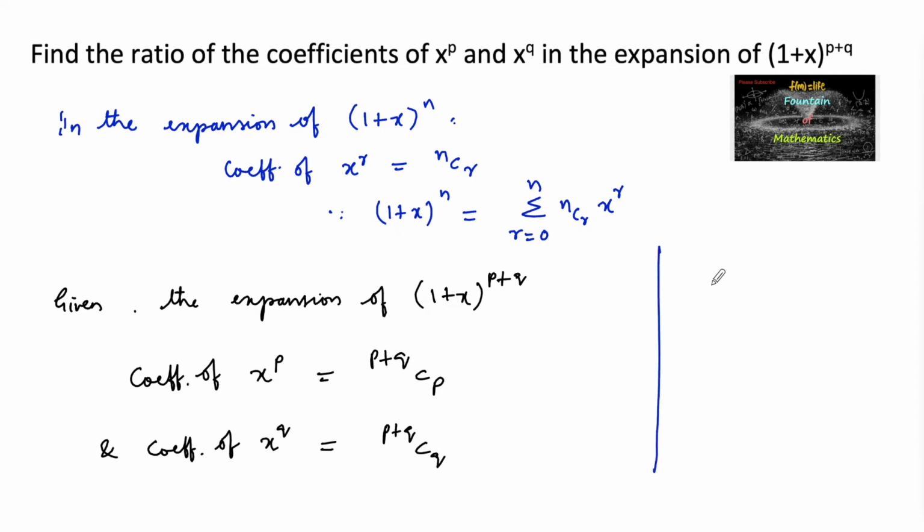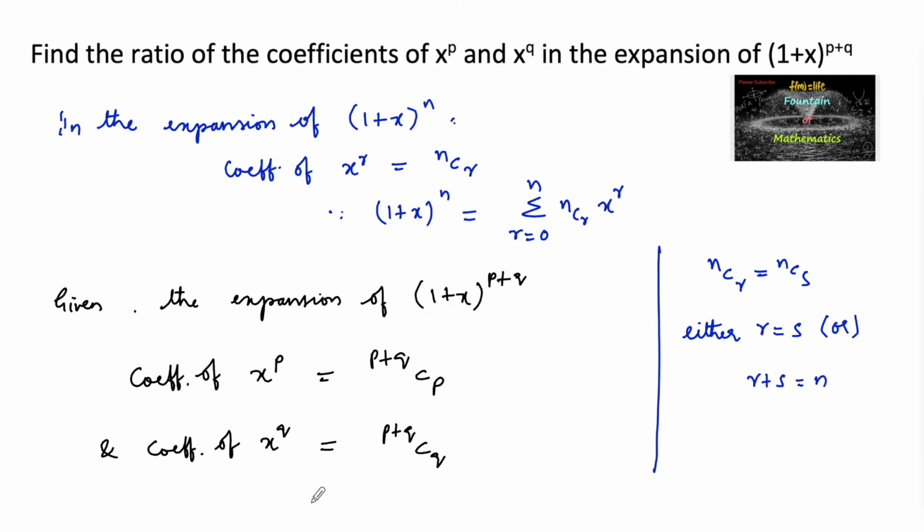We know by the properties that nCr is equal to nCs, then either r equals s or the sum of r plus s must be equal to n.